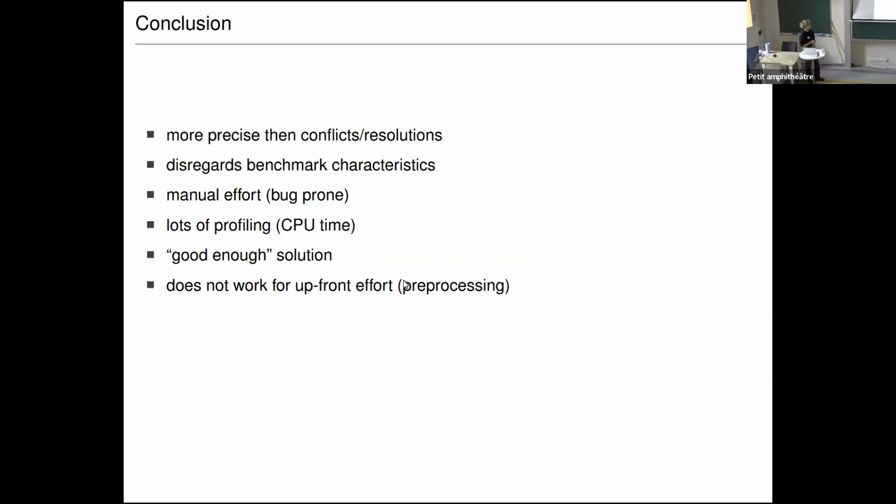But also one caveat: if you're doing something upfront, of course you don't have any counts yet, so you can't use this for upfront work like pre-processing, which is also the reason why the first phase in our mode switching is always based on conflicts instead, because we don't have a tick count yet for this.